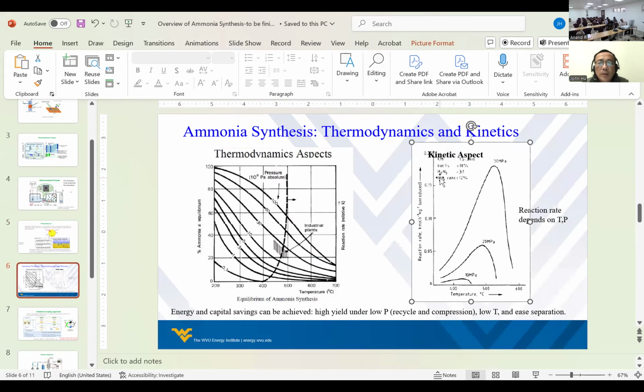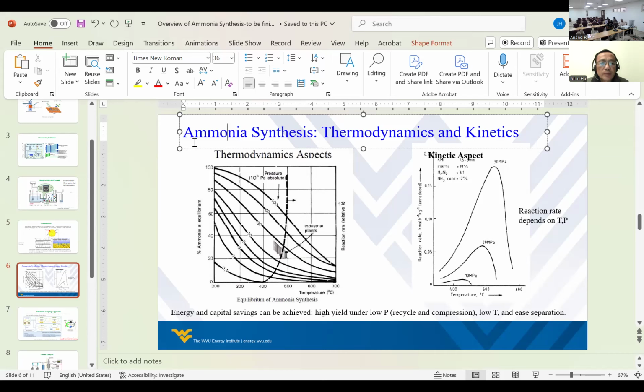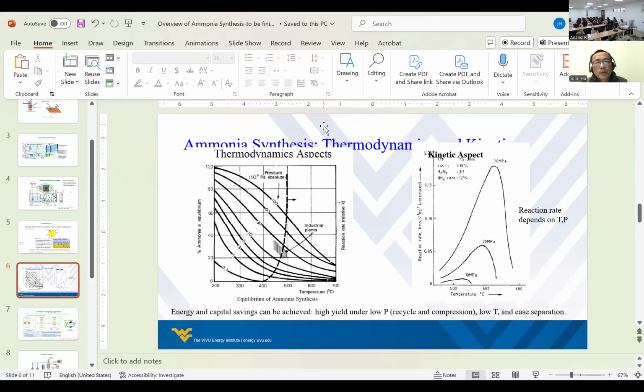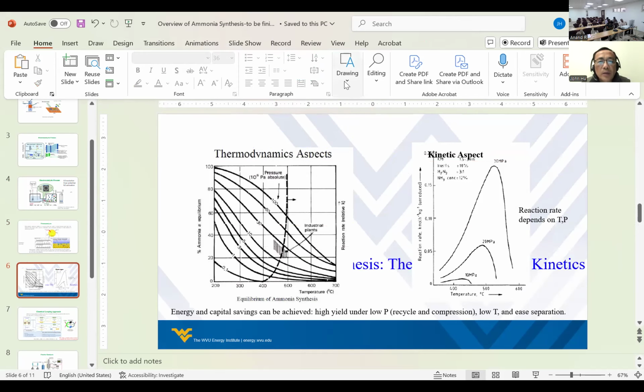What does the thermodynamics say? I'm going to put it in here. So basically, you have nitrogen. Oh God, I don't have space to write this. Let me write down here.